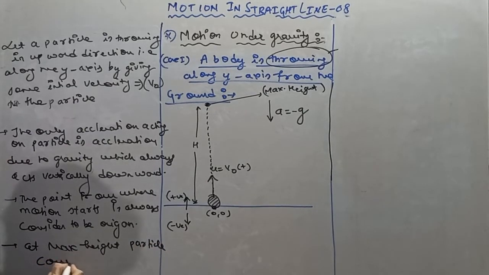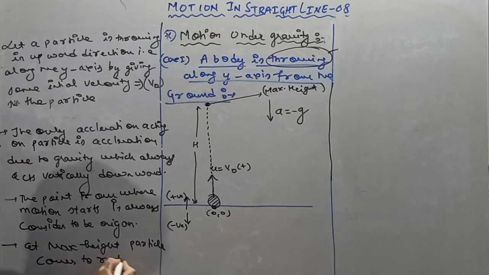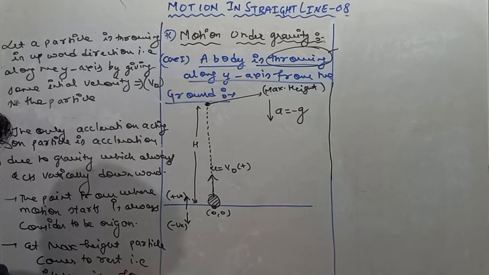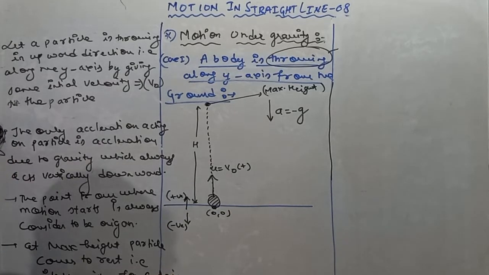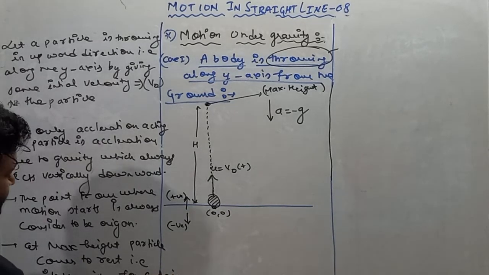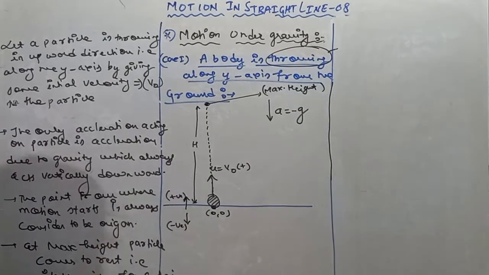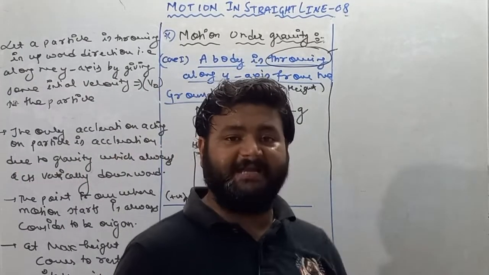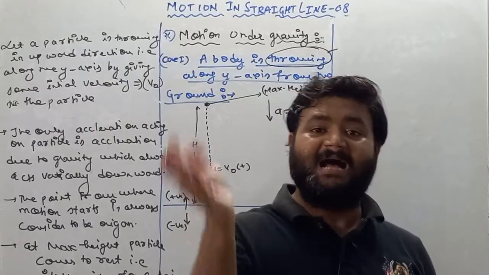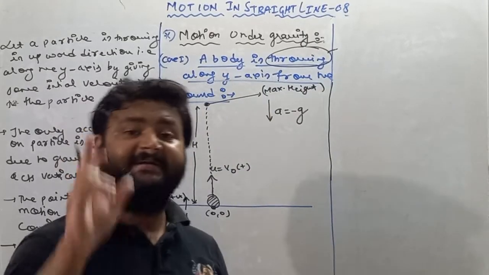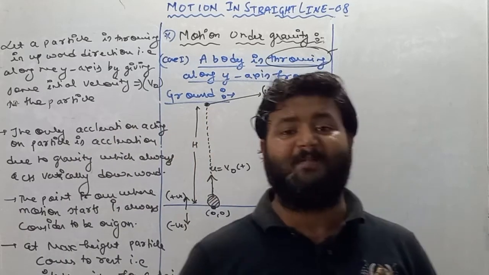particle comes to rest, that is, its velocity for a certain time becomes 0, and from this maximum height the particle starts moving downward. So we'll say after achieving maximum height the direction of motion of the particle changes.